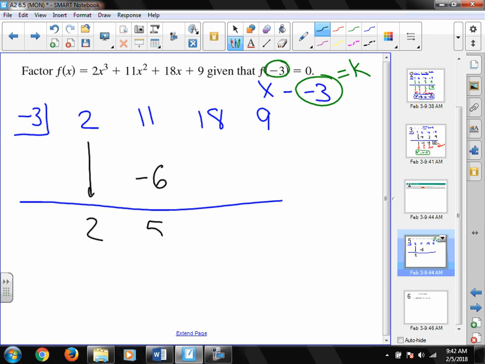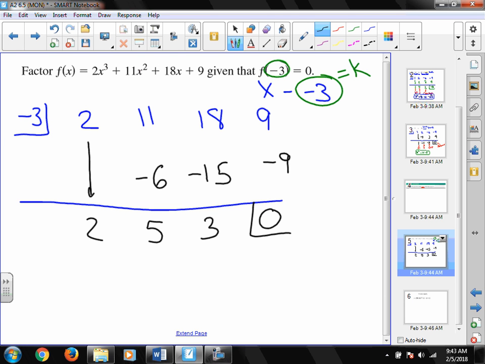Add, I'm going to get a 5. 5 times -3 gives me a -15. 18 plus 15 is going to give me a +3. And I end up with -9. Add that, and I get 0, which is exactly what we should expect.